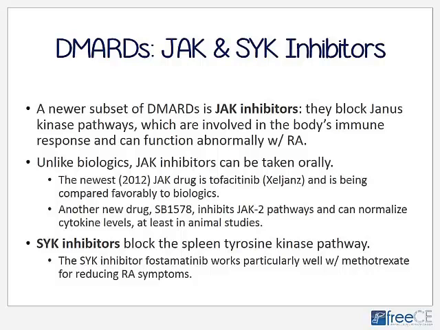Unlike the biologics I had just outlined, JAK inhibitors can be taken orally. The newest one, as of 2012, is called tofacitinib and is being compared favorably to the biologics in terms of symptom control for RA. Another one, currently known as SB 1578, inhibits the JAK2 pathways and is fairly effective, at least in animal studies.